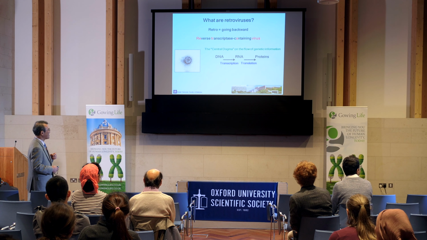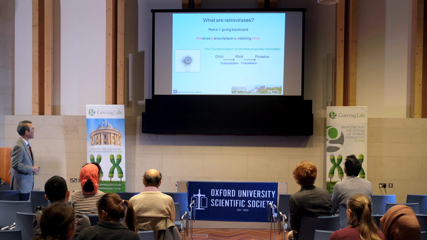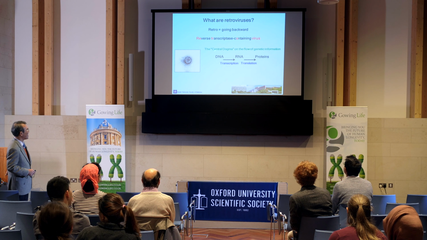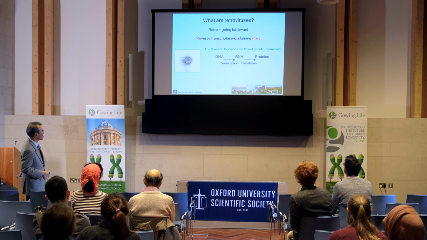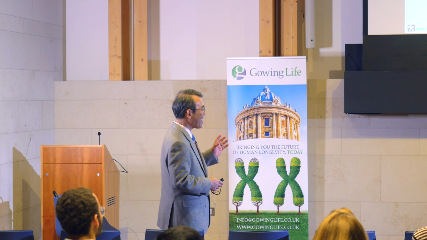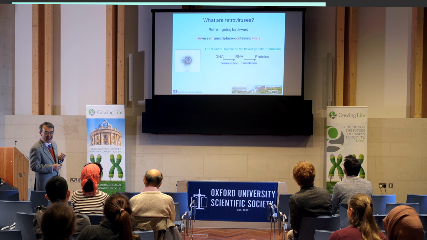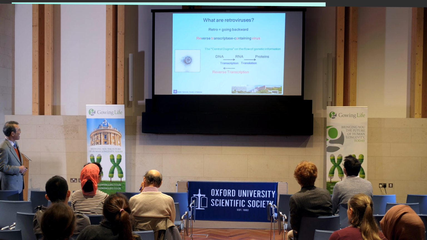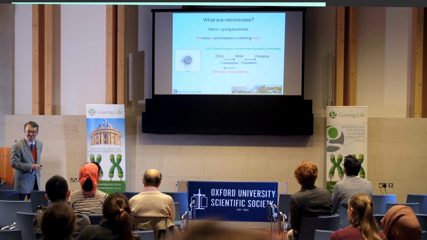Watson and Crick stated that the genetic information goes only in this direction, from DNA to RNA by transcription and from RNA to proteins, polypeptides, by translation. But it was found that there are viruses that contain RNA as a genetic material and convert RNA into DNA by the process called reverse transcription.